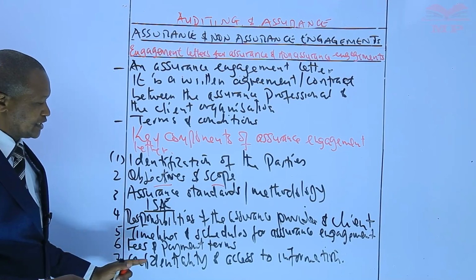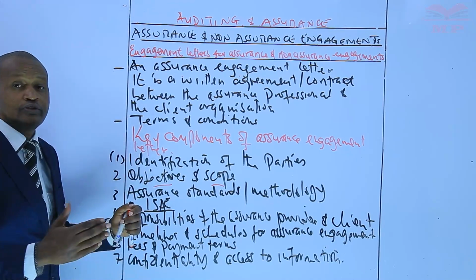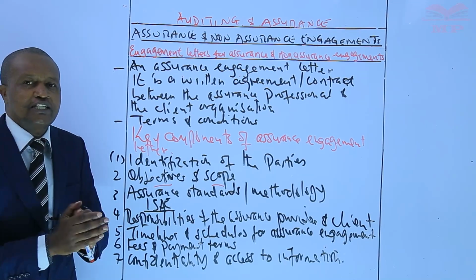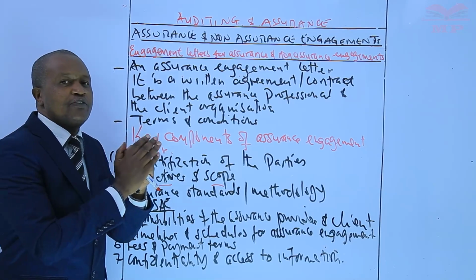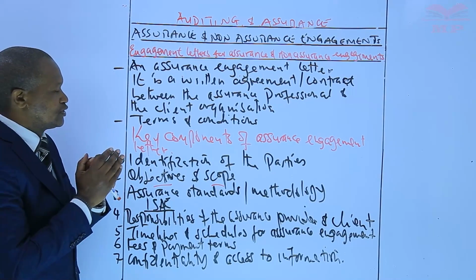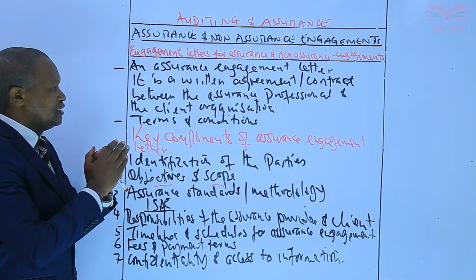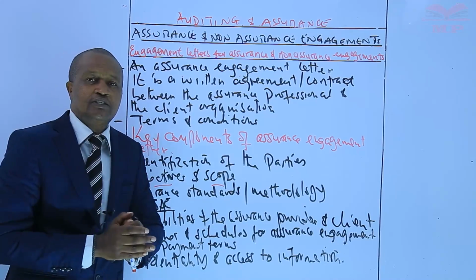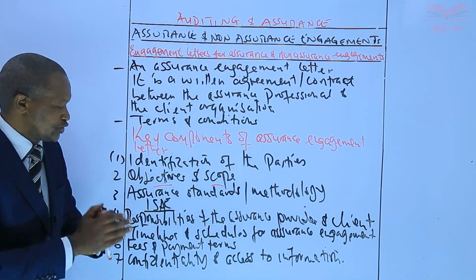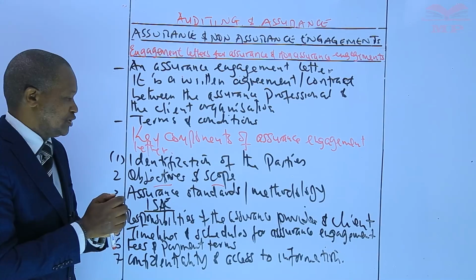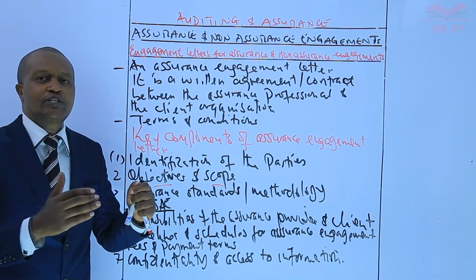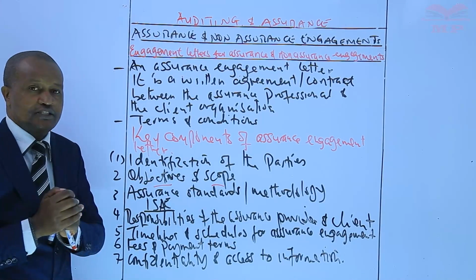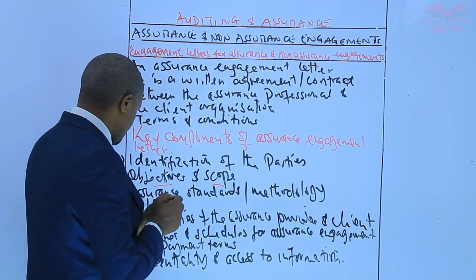So there has to be a section within this letter on confidentiality. The section emphasizes the confidentiality of client information, because in the process of carrying out the work, the professional may come across information that is sensitive, that is confidential. So there has to be a clause within the letter which emphasizes that information gathered must be held in confidence. That is number 7.